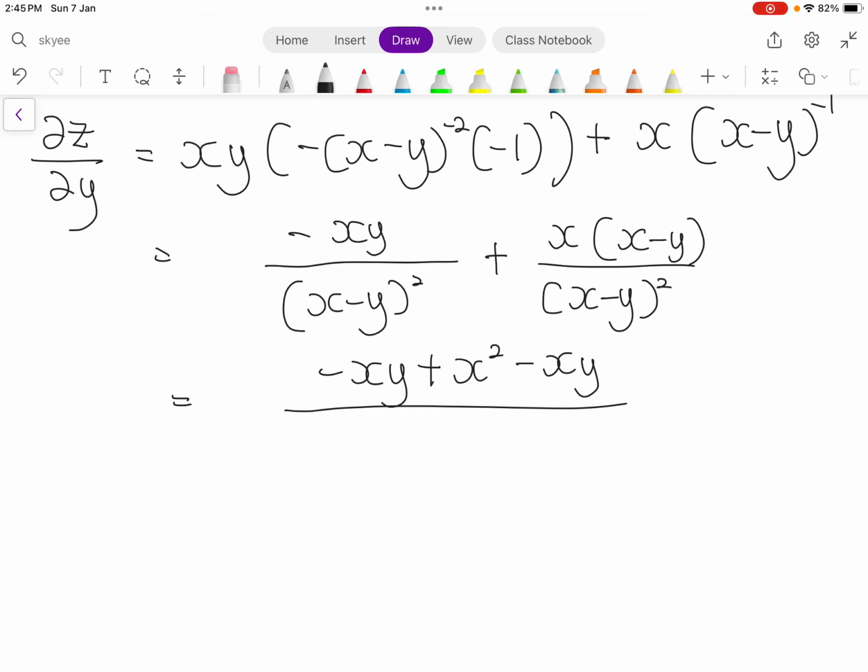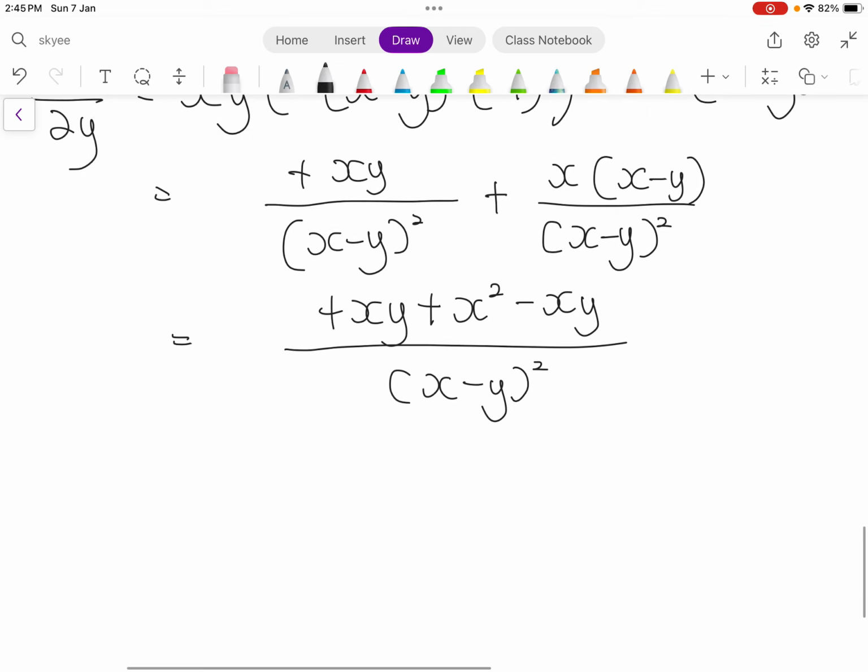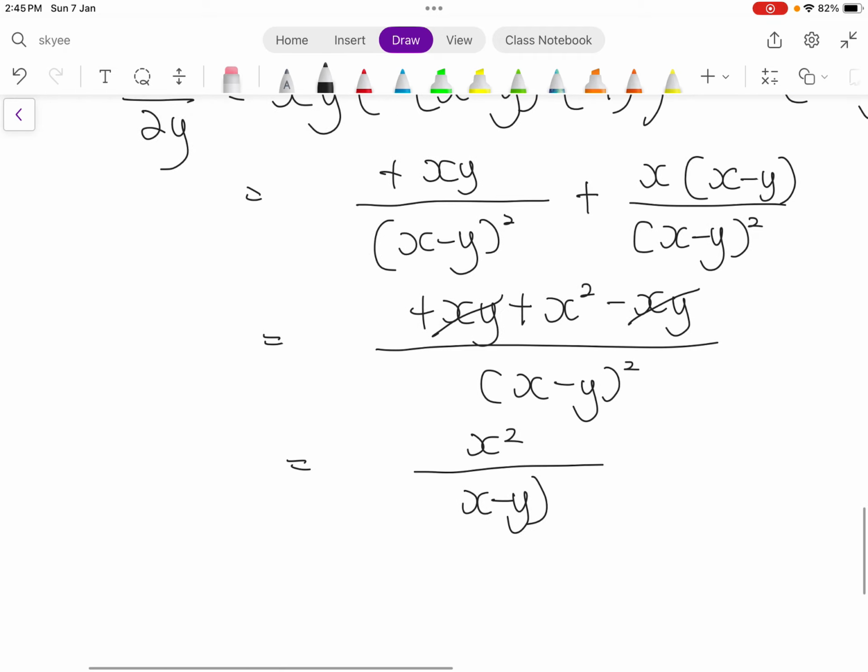Okay, so x minus y squared. Am I right? Oh, here got negative, so this is positive. So it will be x squared over x minus y squared. This is the del z del y.